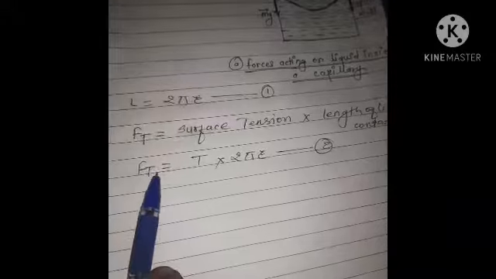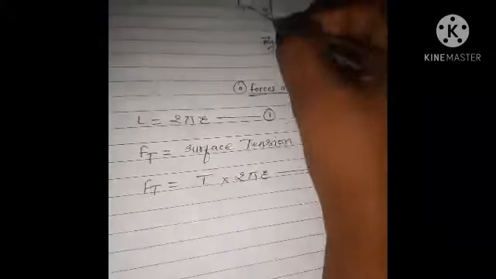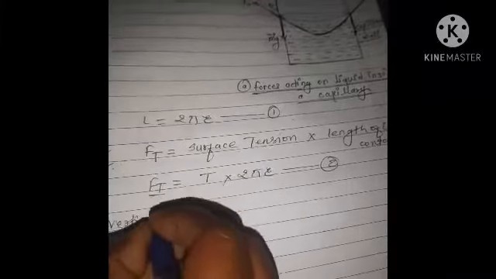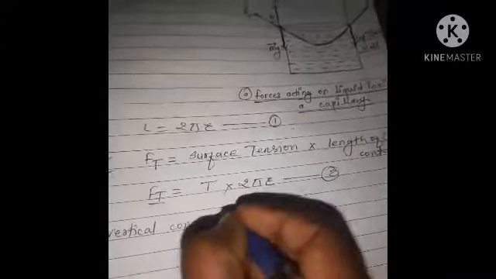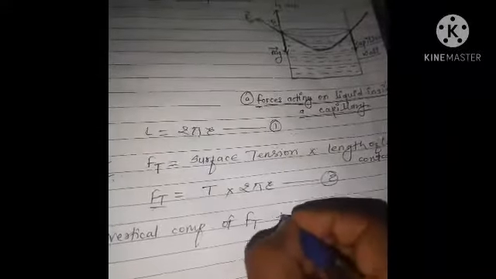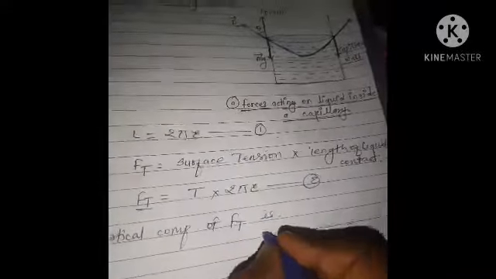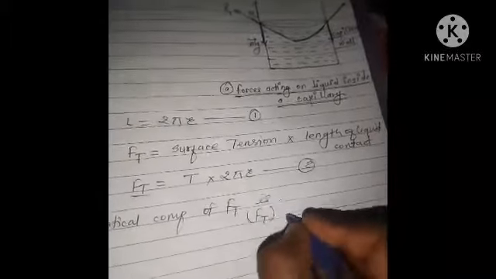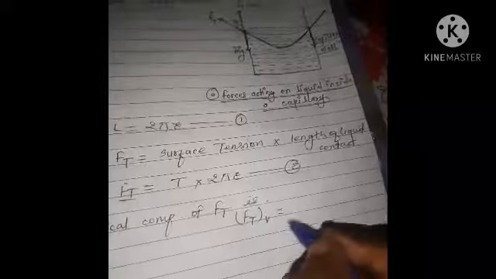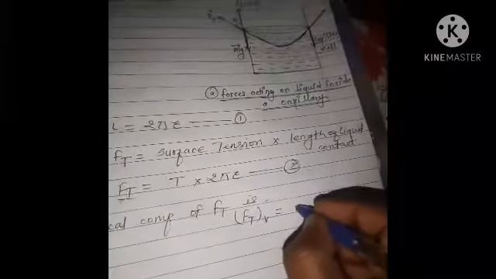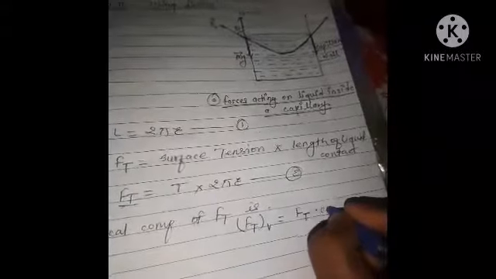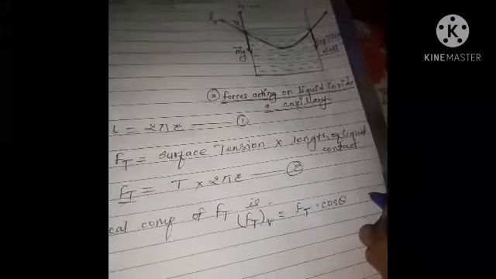The vertical component of this force Ft, represented by suffix V, is Ft V is equal to Ft cos theta.